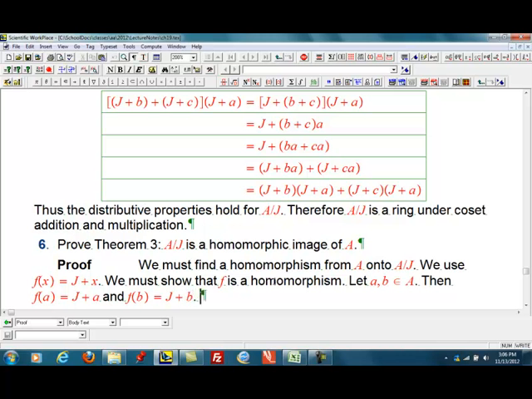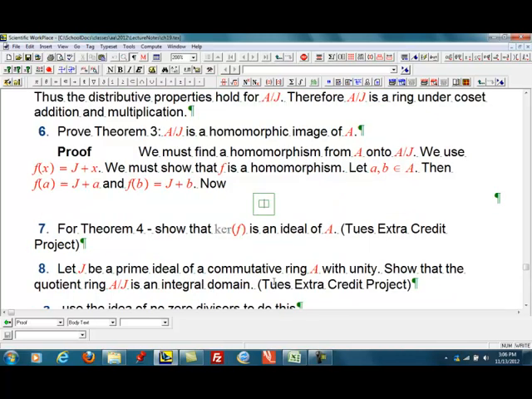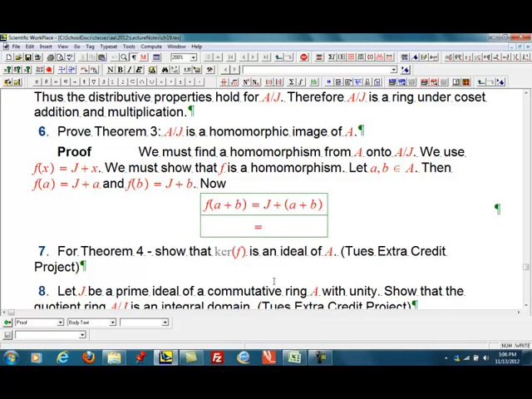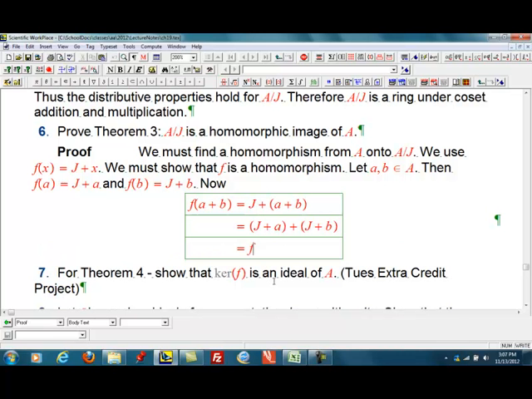So now, let's calculate F of A plus B. That would be equal to, according to the definition, J plus A plus B, correct? But according to coset addition, what does that become? J plus A plus J plus B, which equals F of A plus F of B. Not bad at all.